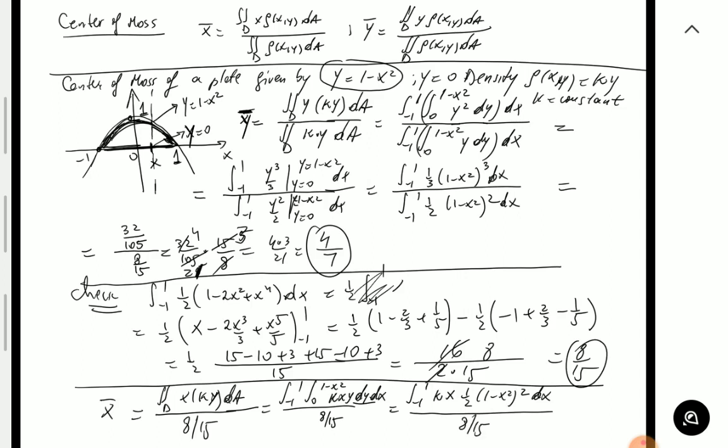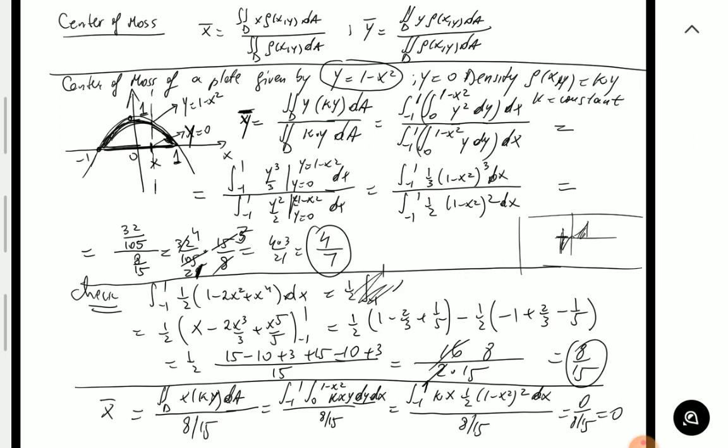Okay, so you may remember from calculus 1 that if you integrate an odd function over a symmetric domain, the integral is 0. A domain symmetric with respect to the origin, basically, so from minus 1 to 1. Why is that? Don't write this down, but if you look at a typical odd function, if you plug in minus x, you're going to get the negative of the previous function.